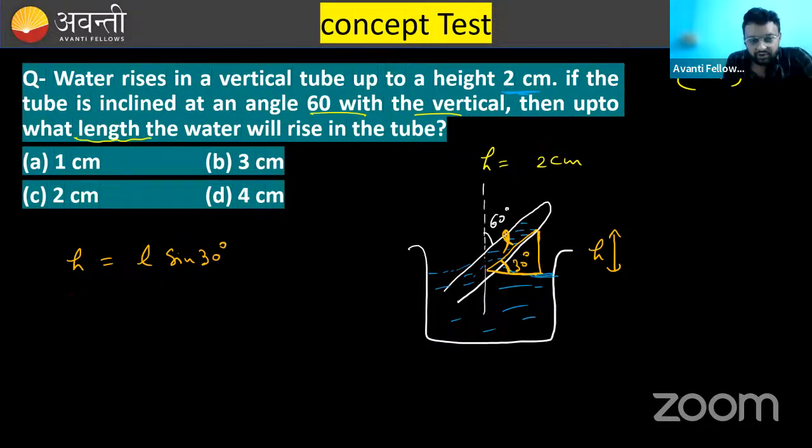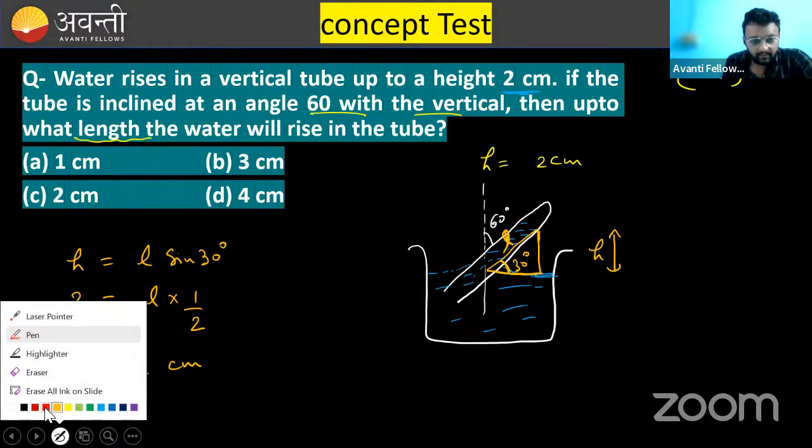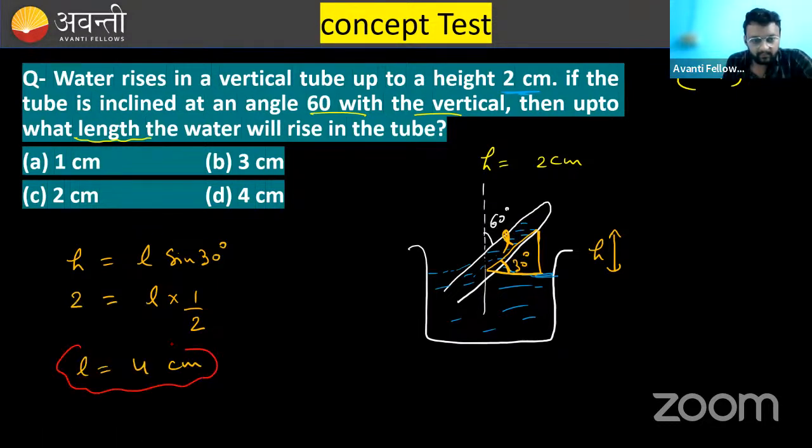So H is given as 2, which is equal to L, which we need to find out, times sine theta, which is 1 by 2. So L is equal to 4 centimeter. This is a very simple question. So option D is the correct option. I think it is clear.